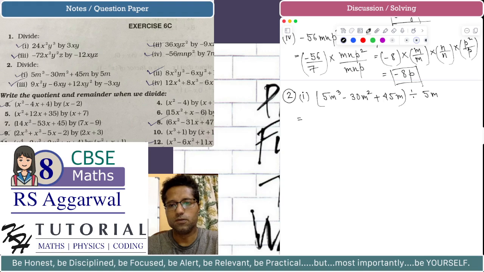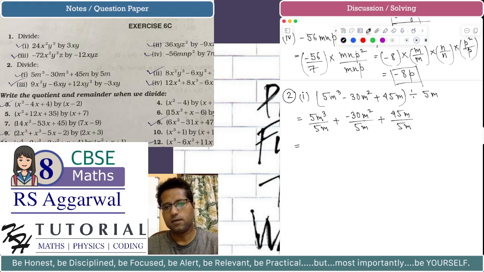So this is equal to 5m cube divided by 5m plus the second term is minus 30 m square divided by 5m, and the third term of the polynomial is 45m, that divided by the monomial 5m.